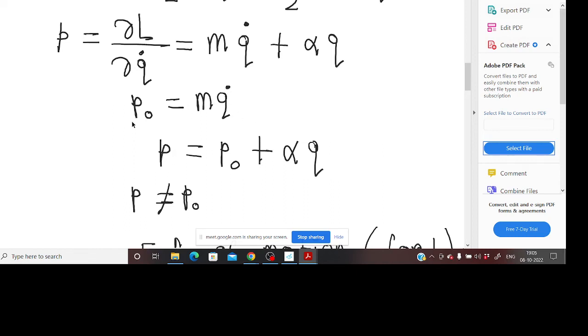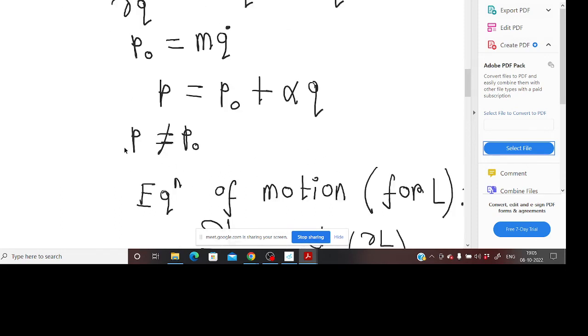Now the new generalized momentum will be equal to P0 plus alpha into Q. So the generalized momentum does not remain constant when the Lagrangian is changed.